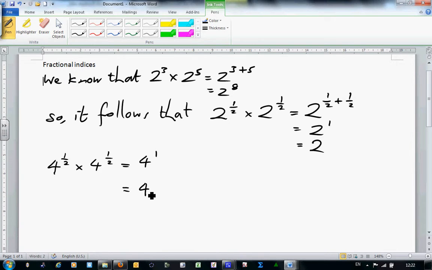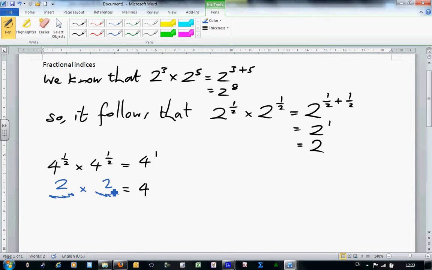In other words, what times what, the same in both places, gives you 4? Well, 2 times 2 is 4. That makes sense.